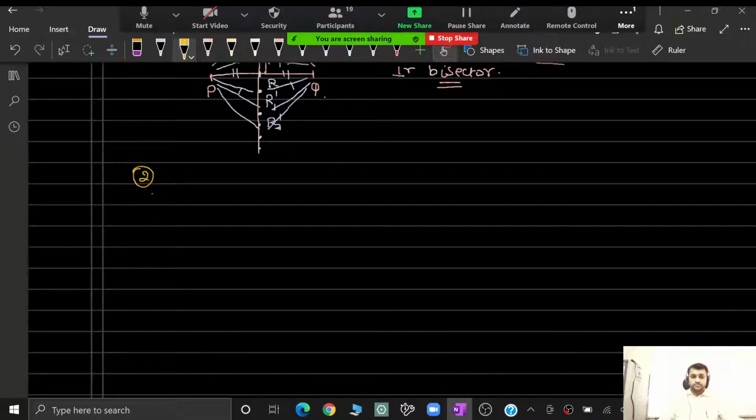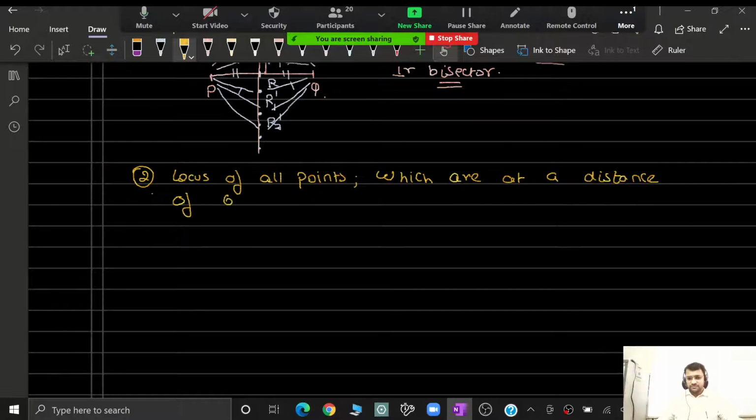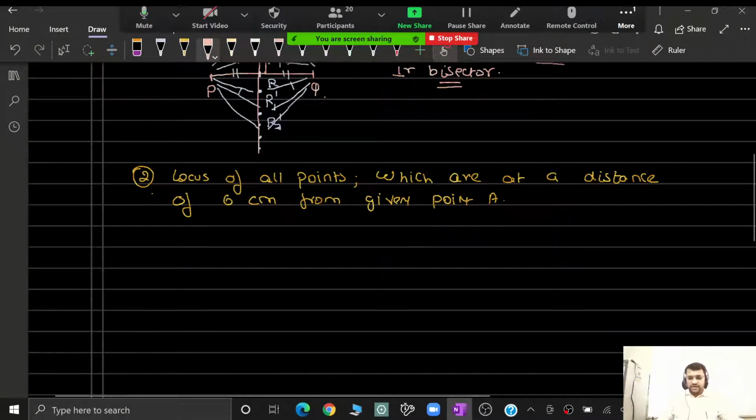Example number 2. Locus of all points which are at a distance of 6 centimeter from a given point A. Let me assume that this is any point A, and from this point I want a distance of 6 centimeters.